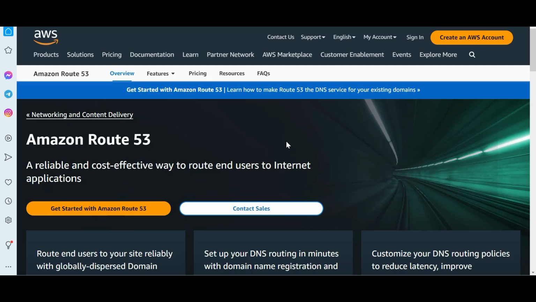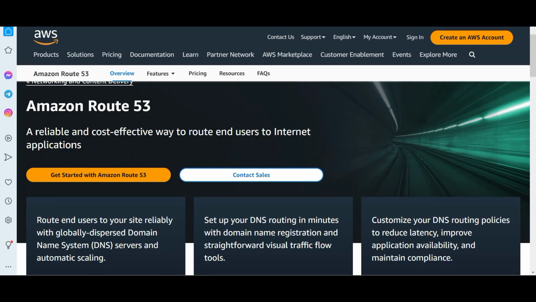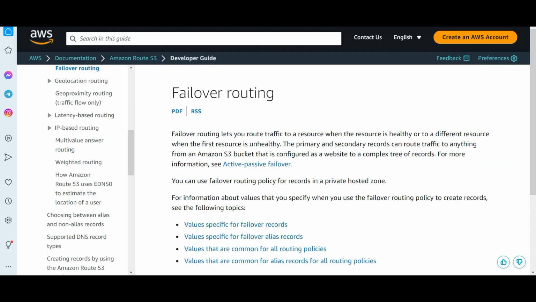Route 53. See, the moment you see DNS in the question, in our question, there is a word called DNS. The moment you see this, it has to be Route 53. Close your eyes, just mark Route 53. Simple. What it will do, it will route end users to internet applications. So that way, if one instance fails, failover policy. See, what is failover routing?